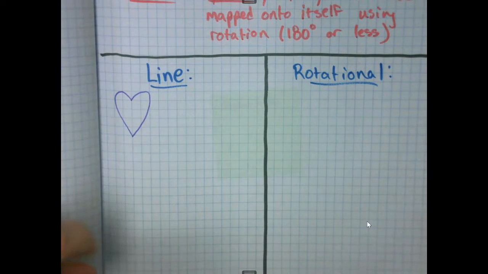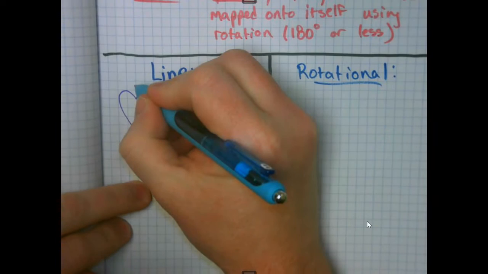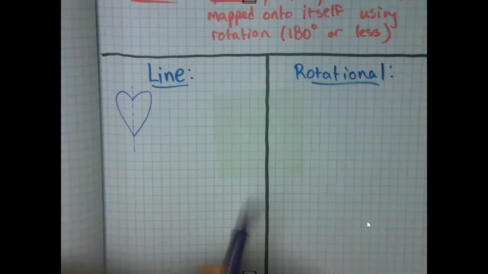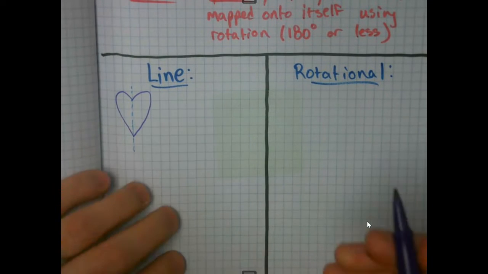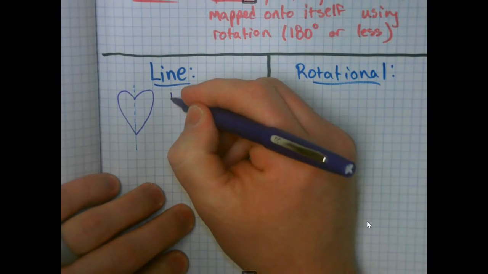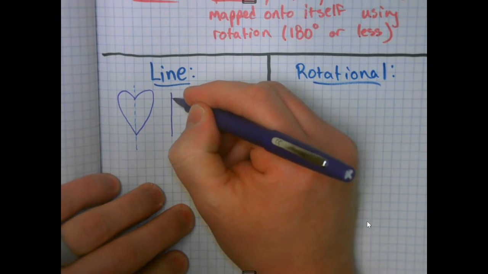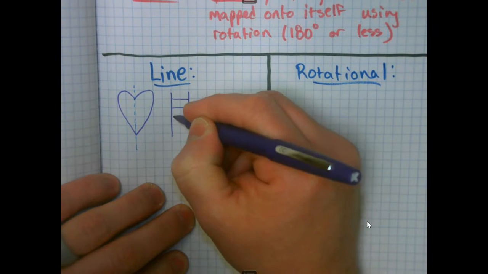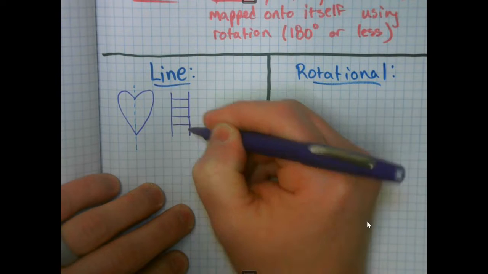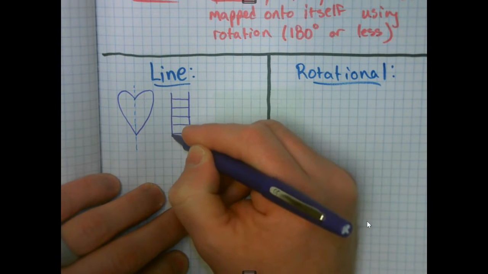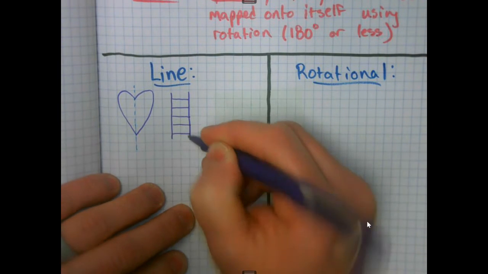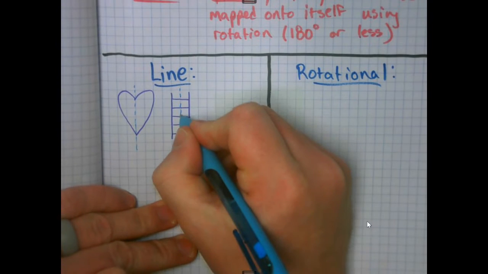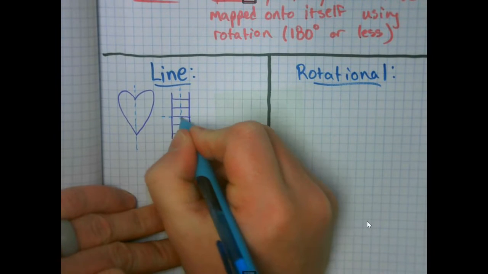A heart has line symmetry, if you draw it correctly anyway, and it has one line of symmetry. Things like a ladder might have line symmetry, and if you draw it just right, it could actually have two lines of symmetry. It could have a line here and also a line here.